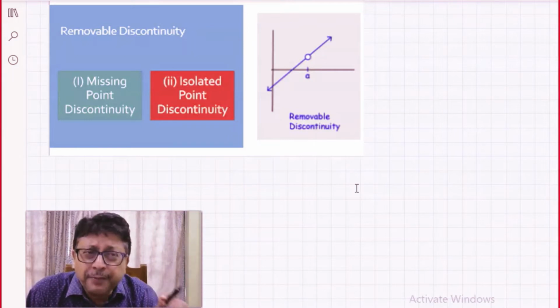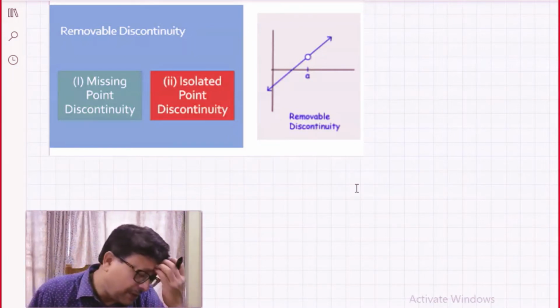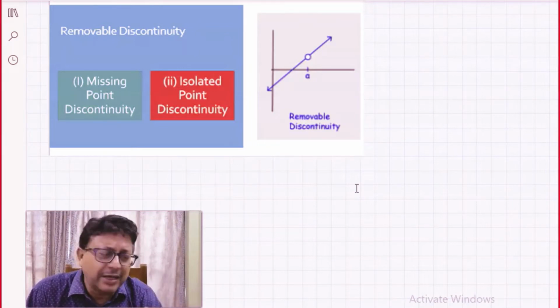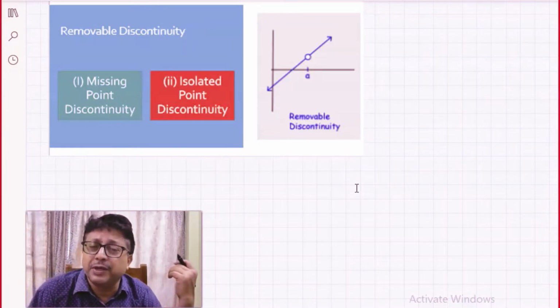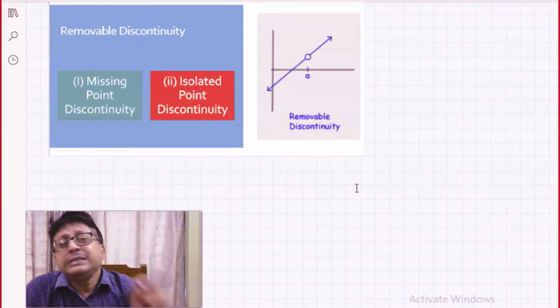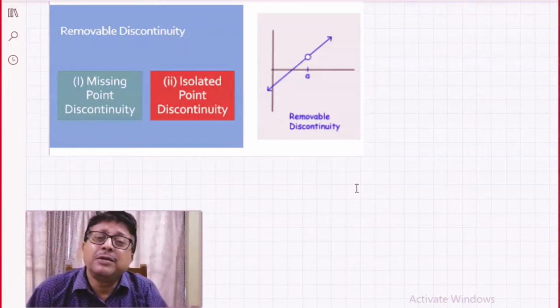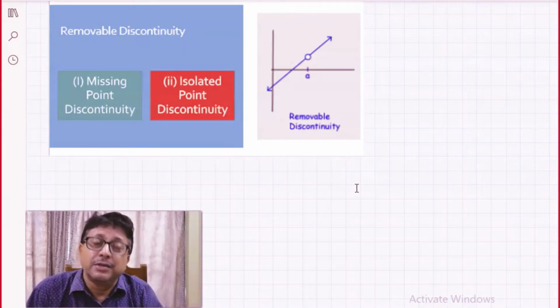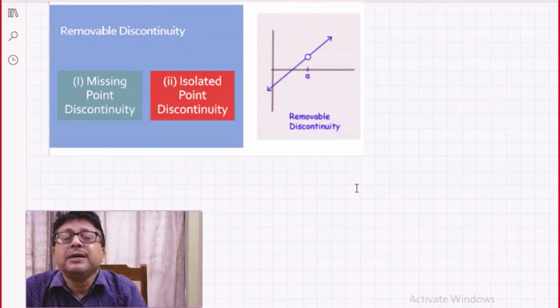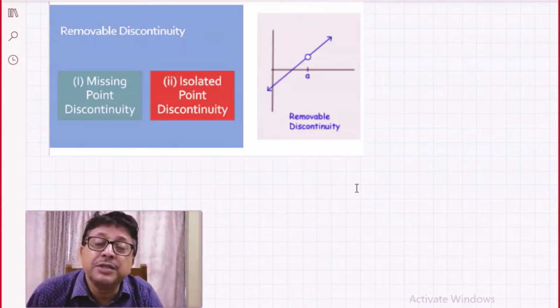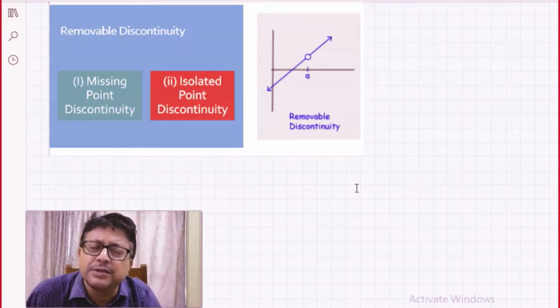But if the function has a limit which is finite, that left hand limit equal to right hand limit, but functional value not going to be equal, or just the limiting value existing, you are not getting the functional value at a point. Try to understand what I am saying. Based on this, we will be defining missing point discontinuity and isolated point discontinuity.